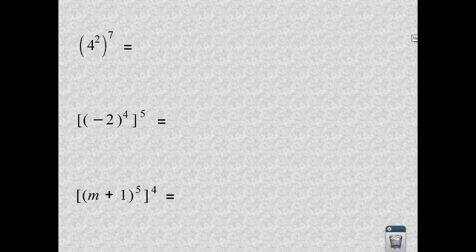So we have 4 squared to the 7th power. Following my quick rule, that's 4 to the 2 multiplied by 7, which is 4 to the 14th. Where did that come from? Well, if I were to have 4 to the 2nd power 7 separate times, it would look like this.